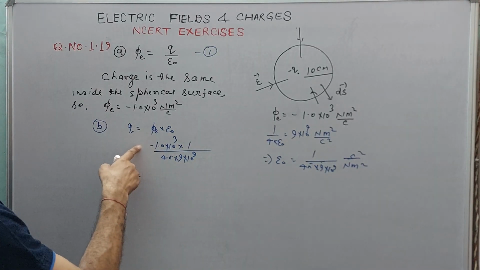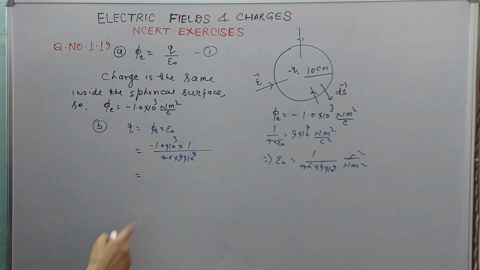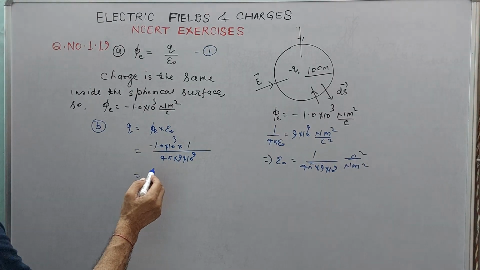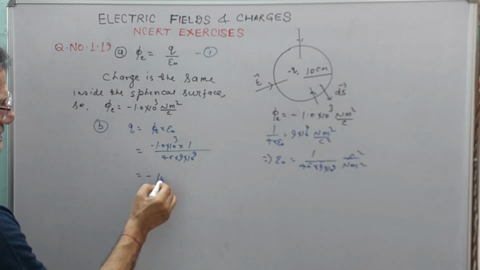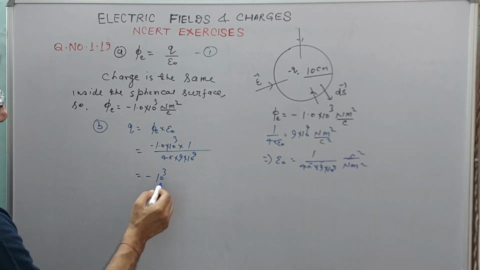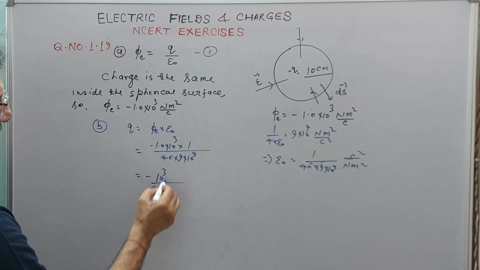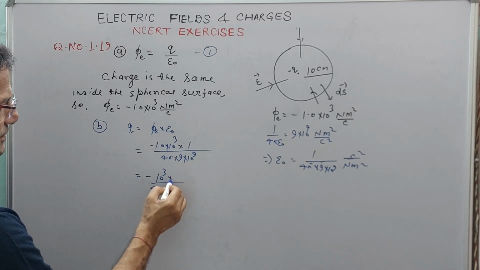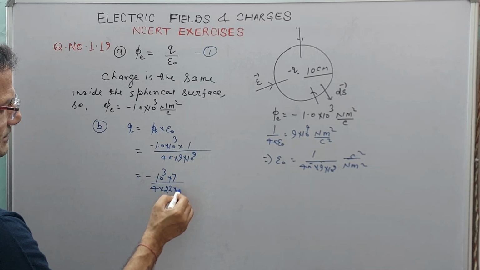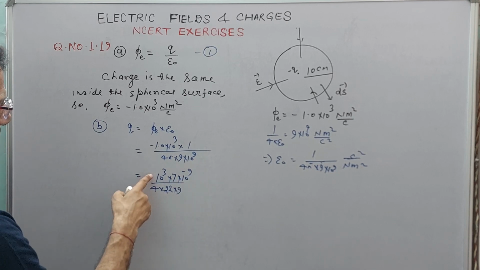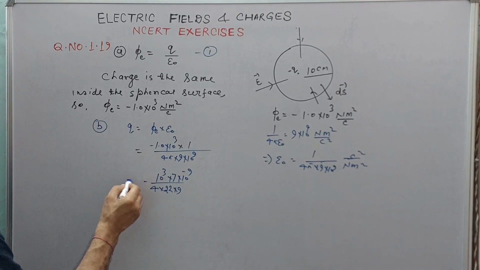If you simplify this, with 4 pi as 22 upon 7, minus 10 raised to the power 3, pi goes in the numerator, 9 remains, and 10 to the power 9 in the numerator becomes minus 9. So this is the value of this one.